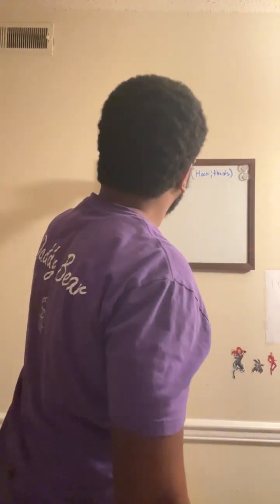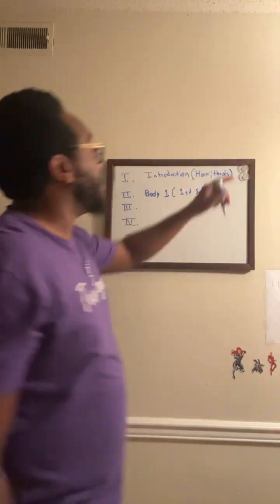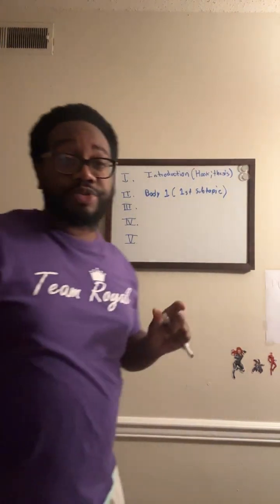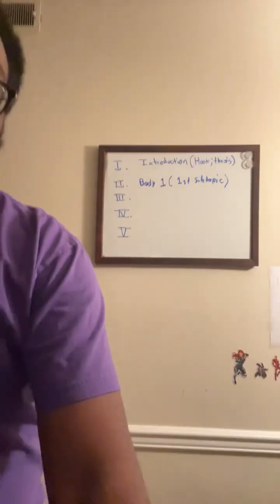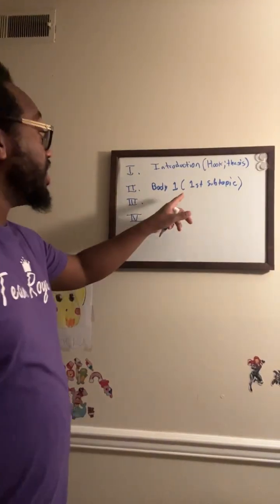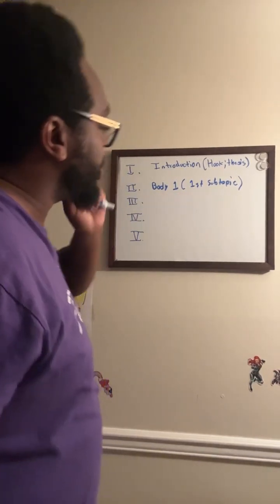Roman number 2 is your body paragraph number 1. Body 1 should be your first subtopic, okay? So whatever you got in your thesis statement, the first subtopic you have under your main topic, you want to have that under your body 1, okay? And when you're doing an outline, you have an A and a B for each one.